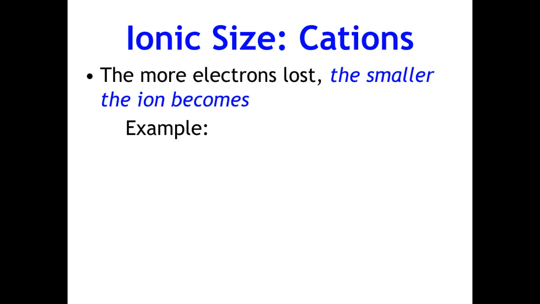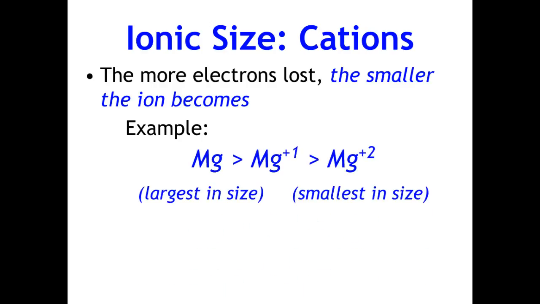Because the more electrons you take away, which means you're taking away negative charge, which means you have an overall positive charge, the smaller you will be because those positive protons in the nucleus are pulling even tighter. They have more power now than the electrons because there's less of them, and it makes a smaller atom size.